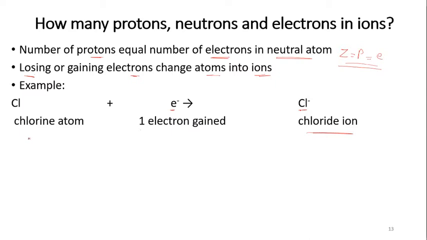The chlorine atom contains 17 protons and 17 electrons because it is a neutral atom. When it gains 1 electron, the 17 protons remain the same, but the number of electrons increases by 1, so it will have 18 electrons. So the chloride ion has a single negative charge written on the top here due to the presence of one extra electron that is gained by the atom, which converts this atom into an ion.